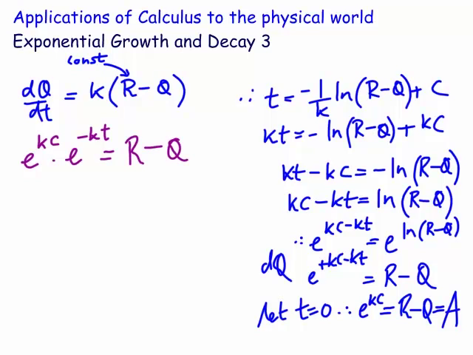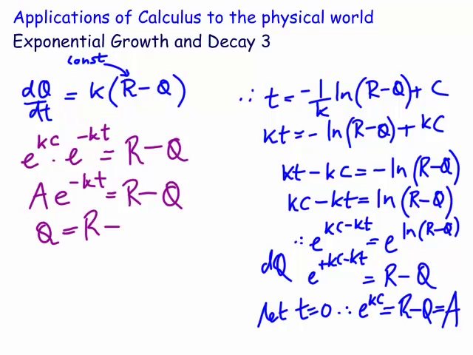The r is a constant. So a e to the minus kt is equal to r minus q. Then we put the q on the other side, and therefore q is equal to, rearranging, r minus a e to the minus kt.